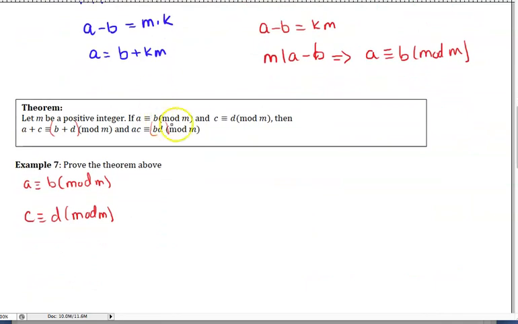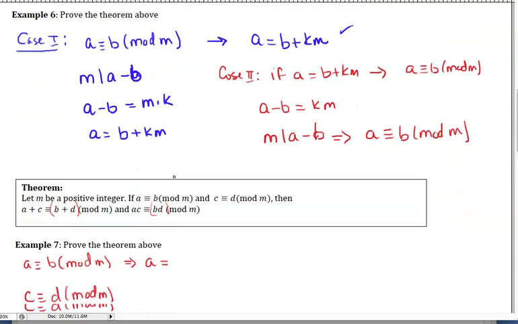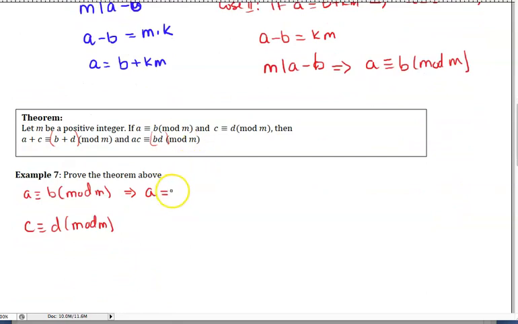If a is congruent to b mod m, then a is equal to b plus km. And I can write c as d plus lm. Again, don't use the same integer.